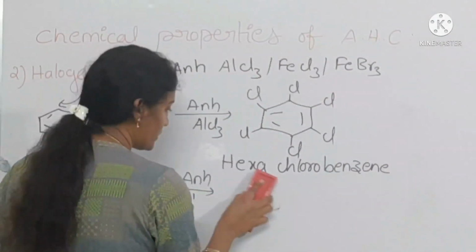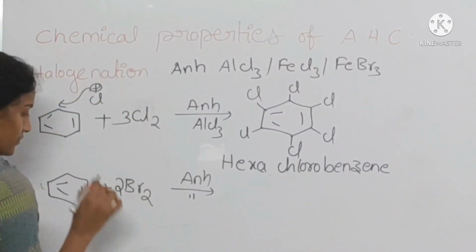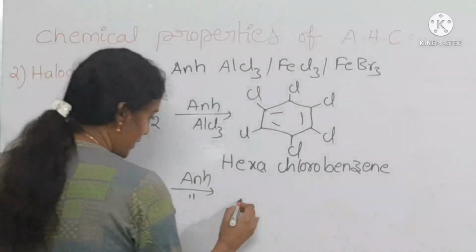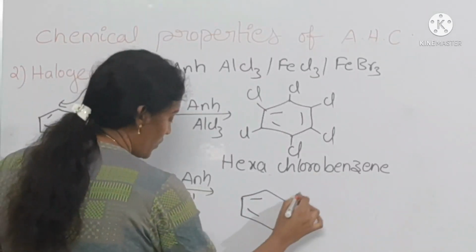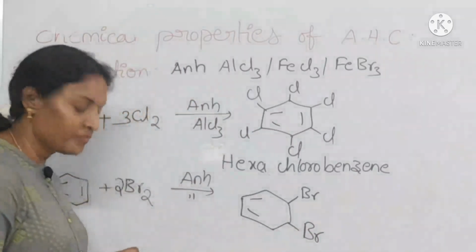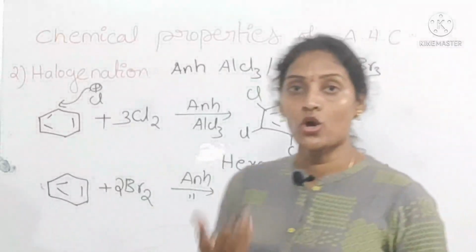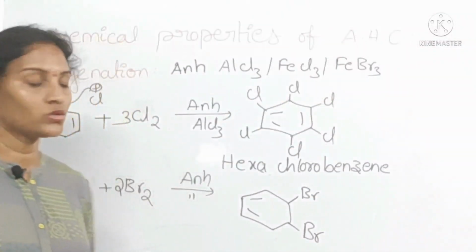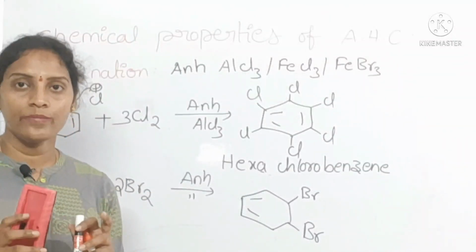Just observe here. If you take 2 moles of bromine, this double bond will be broken, and instead of that double bond, bromine atoms will be attached. Then it loses its aromatic nature. So limited amounts of electrophilic reagent can be used.